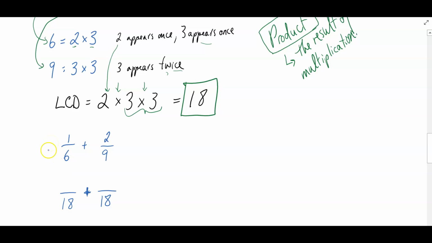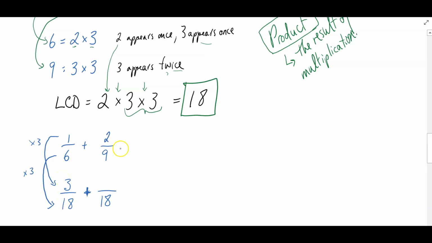And so we have to think about, well, I need to use a ratio. If I need to convert 6 up to 18, what happened there? That was multiplied by 3. If we multiply the denominator by 3, we should also multiply the numerator by 3. 1 times 3 is 3. So this tells us that 1/6 is the same as 3/18.